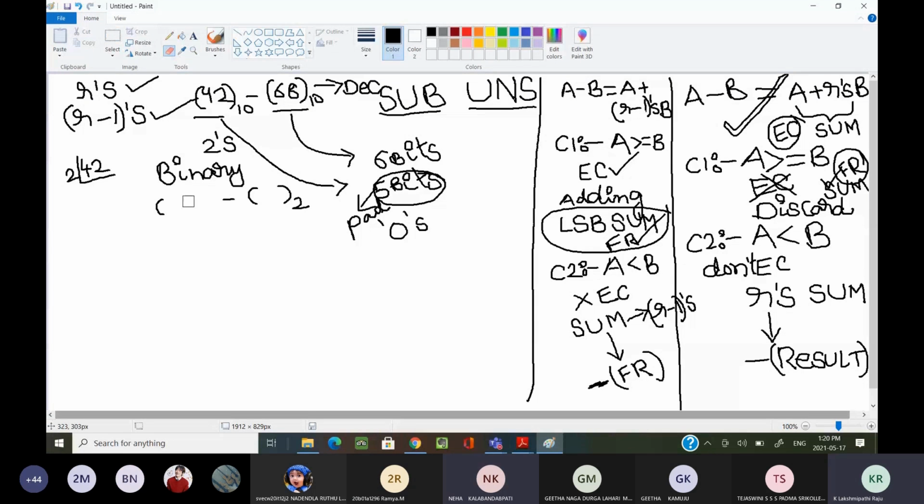Now calculate the binary number for 42. 101010. For 42, what is the binary number? 101010. Totally 6 bits. Am I correct?